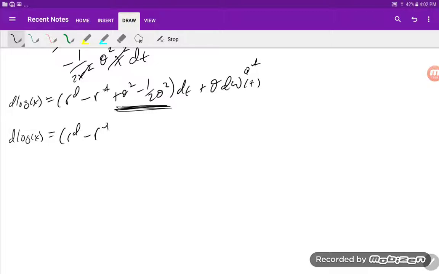So these two then simplify to plus 1/2 sigma squared dt plus sigma dW^QF at t.